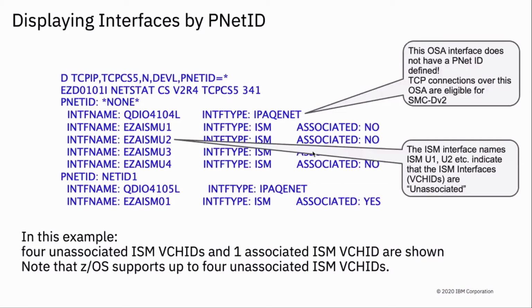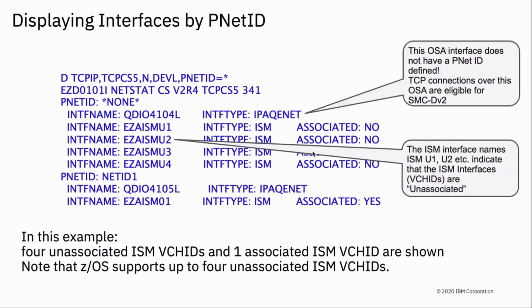And one thing to note here is I have an OSA device up there, QDIO4104L, that has no PNetID. In the past, traffic over that OSA would have never been eligible for SMC.